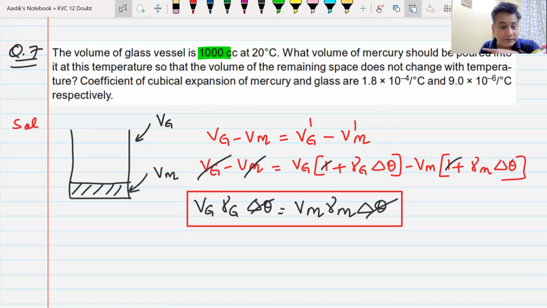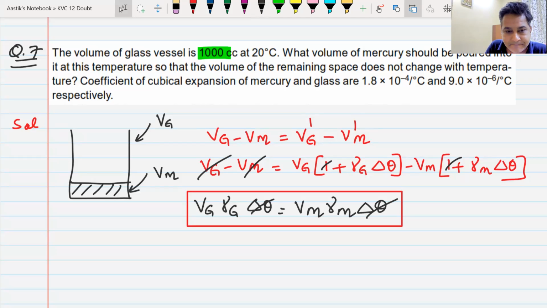Let me know once you are done so that we can move on to the next question. Okay, Santosh, the question is pretty simple. What is the problem? To find the rise in water level, find the volume of water, find the volume of the vessel, subtract both of them, and you are done.